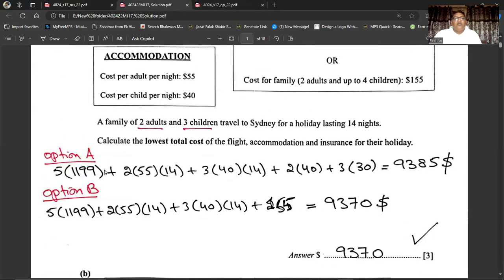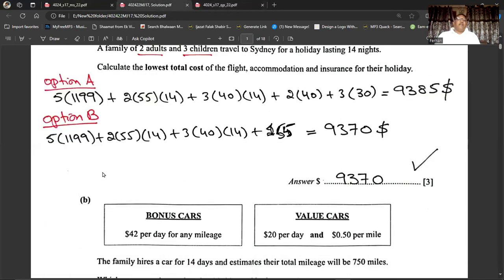Okay, so here we have, for option A, the tickets for 5 people, plus 2 adults for 14 nights and 3 children for 14 nights, and 2 adults' insurance and 3 children's insurance, and we will find the total.